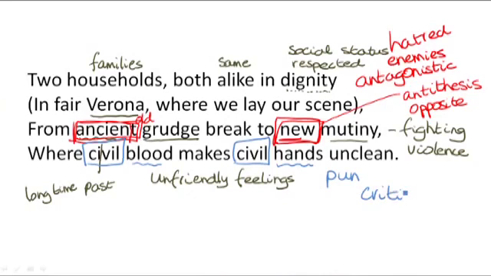But there is a form of criticism, and the criticism can be seen right here in the fourth line of the play. You know what blood is, and you know what blood is on people's hands. When he talks about civil hands and civil blood, there are two meanings particularly that he's playing with.